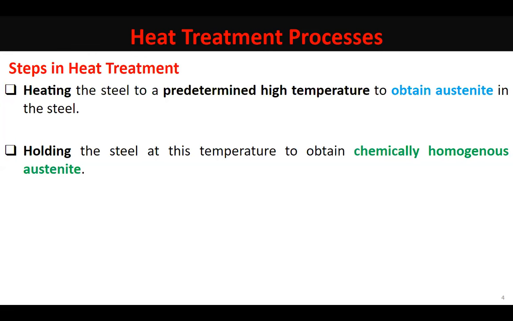Now, experimentally, it has been seen that the dissolution of ferrite and cementite does not happen at the same rates. As a result, when ferrite and cementite dissolution is taking place for the formation of austenite, austenite is continuously getting formed, but the ferrite dissolution completes and cementite dissolution is still incomplete.